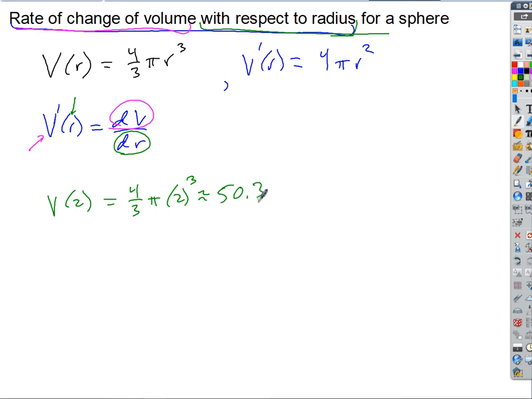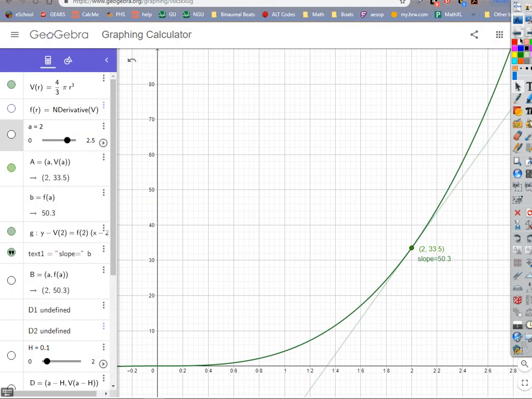If I want to calculate the value of the derivative, well, that's just 4 times pi times 2 squared, which is roughly equal to, oh, I got that backwards. That's the one that's 50.3. It's the value of the function that's 33.5. So let's change that.